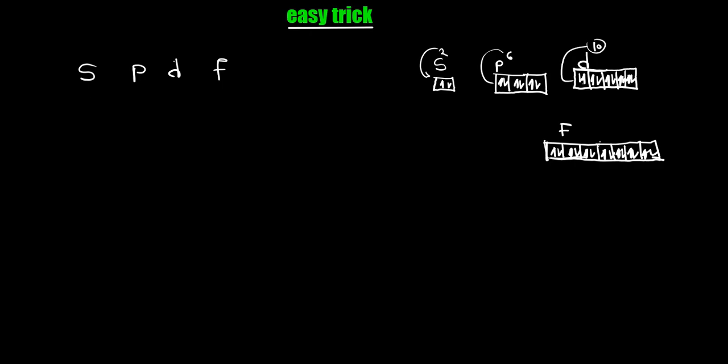You can see s is number 1, p is number 2, d is number 3, then f is number 4. From here we go twice to my left. On the second round, I come like this, twice again. I start at d, come like this twice again, and at f, twice like that.